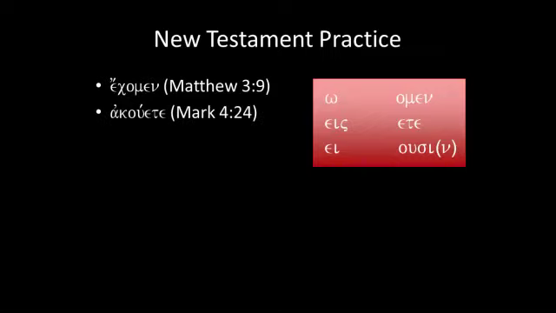How about this? Akouete. This is from akouo, which means I hear. You take the ete ending, second plural, so you plural. So you plural hear. Or, based on context, you are hearing. You plural are hearing.